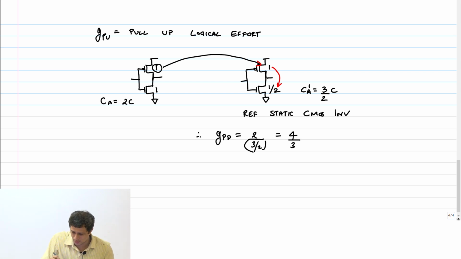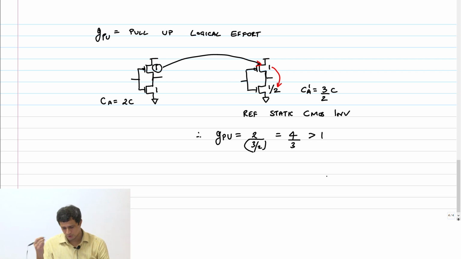Oh, sorry, pull up. Clear? So what did we do? This clearly is greater than 1. For a low skew inverter where I am favoring the falling edge, I brought the logical effort to 2 by 3. But I had to increase the logical effort for the pull up to 4 by 3 in the process.